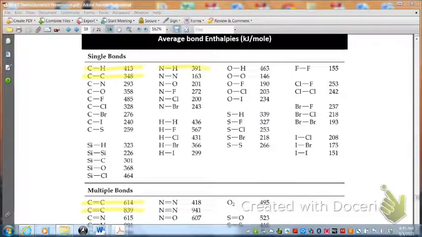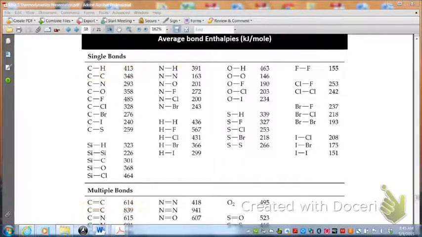So in terms of bond strength, triple bonds are the strongest, then double, and then finally single bonds. You need to basically understand this generalization about bond strength between triple, double, and single bonds, and relatively how much energy it would take to break these bonds. Alright?